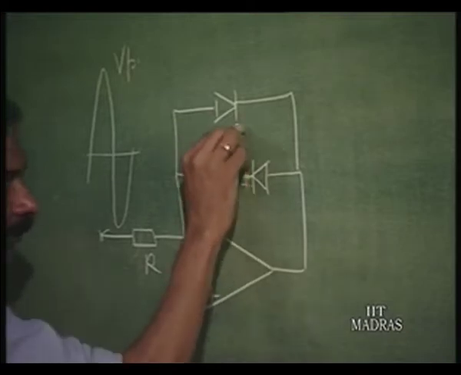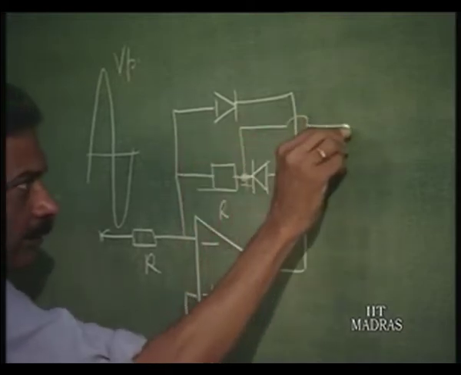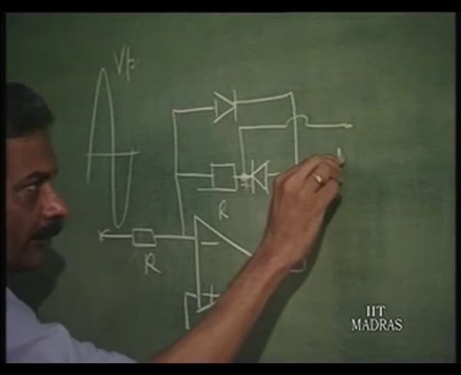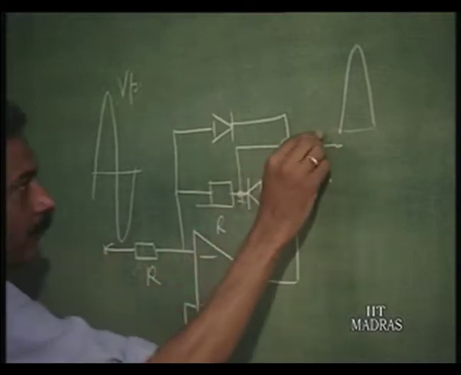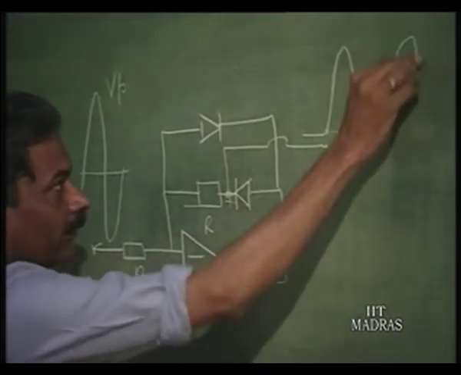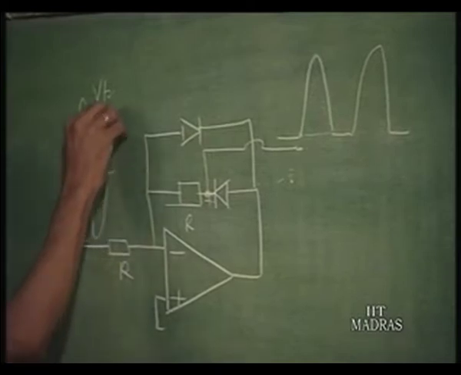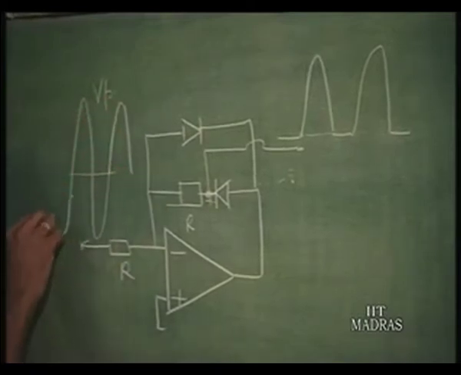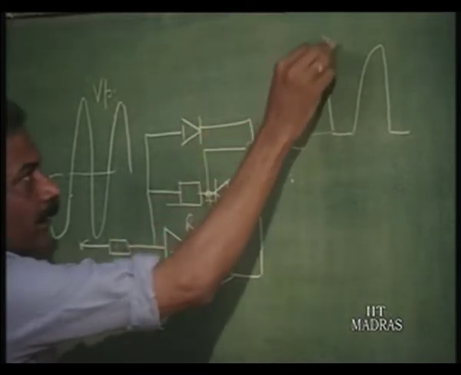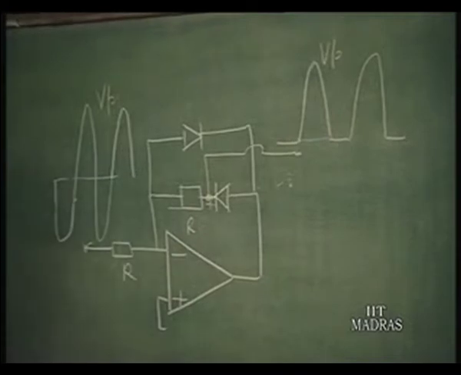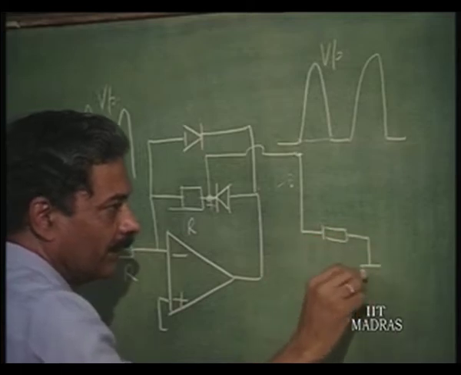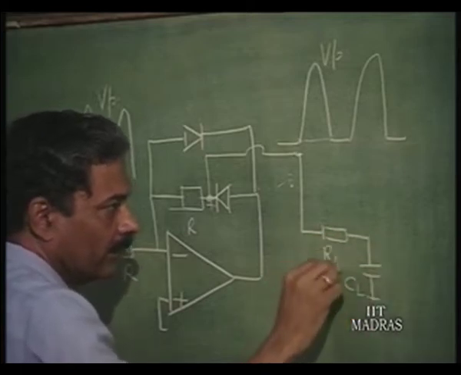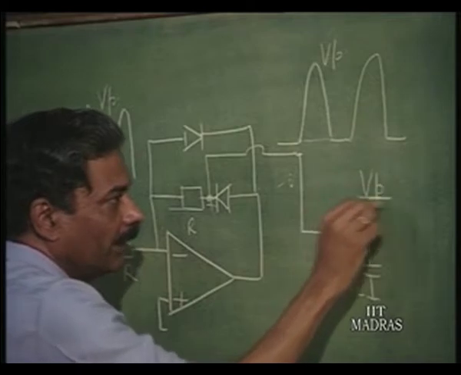So, the output here, if you take, will be going positive, 0 positive, 0 positive. So, this is the kind of output you get out of this. And if I therefore put a low pass filter here, you will get Vp by pi here.